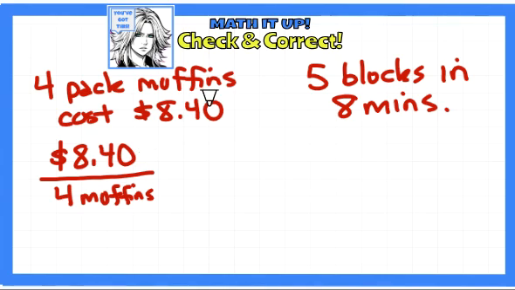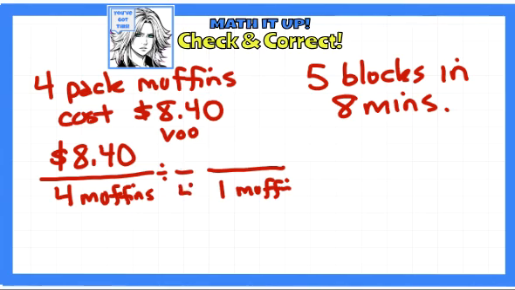And for us to turn this into a unit rate, we have to, again, get to 1 muffin, always a 1, and figure out how we do that using our version of 1. So 4 muffins turn into 1 muffin when I multiply or divide it. And in this case, we're going to have to divide, and our version of 1 is going to be a 4 here. 4 divided by 4 is going to get me a 1.